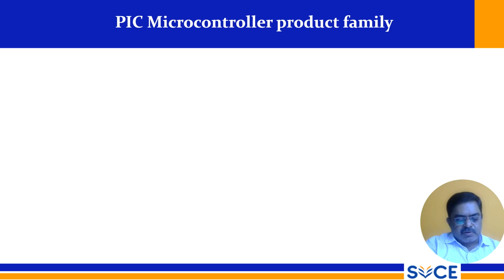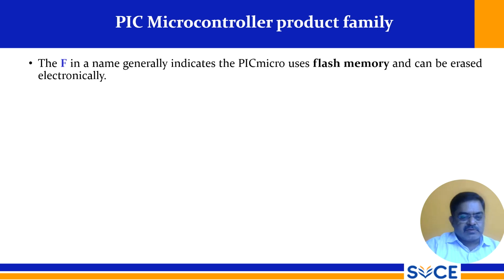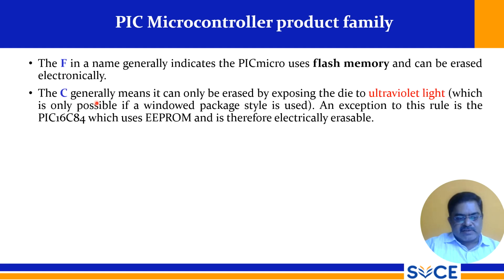So, the PIC microcontroller product family. Here the F in the name generally indicates the PIC micro uses flash memory. So F stands for flash memory, which can be erased electronically. And C generally means it can only be erased by exposing the die to ultraviolet light.